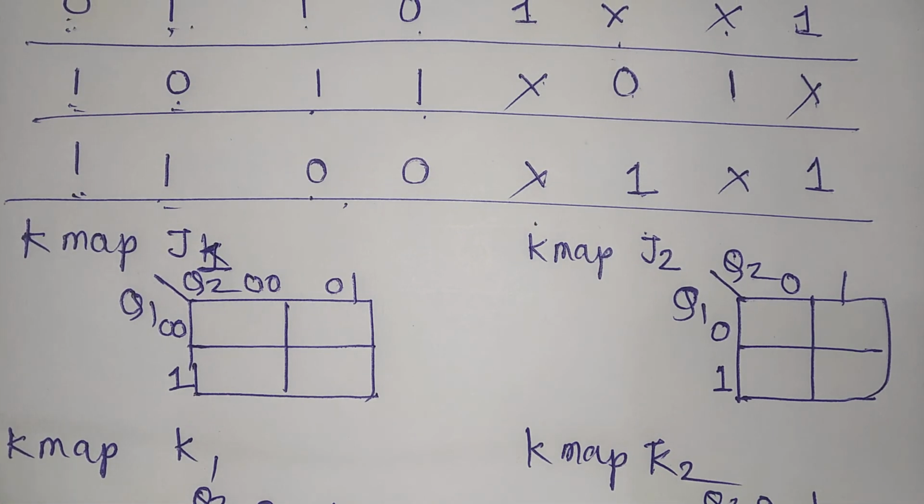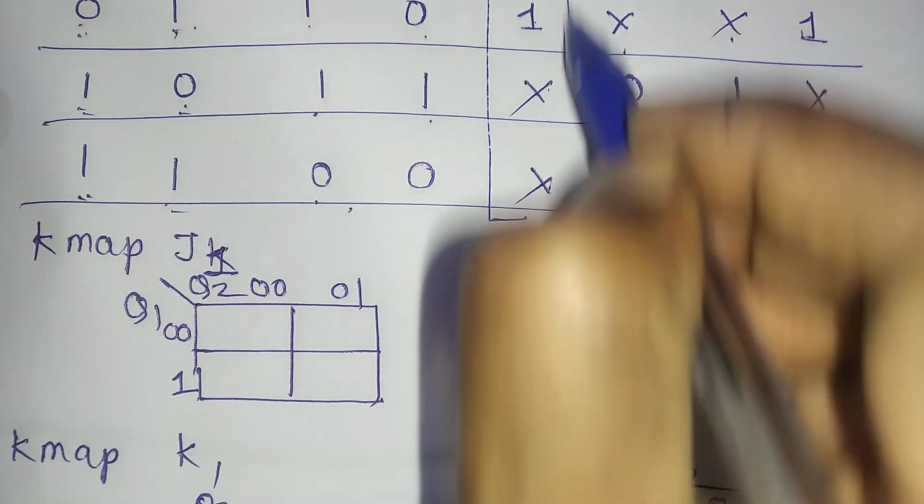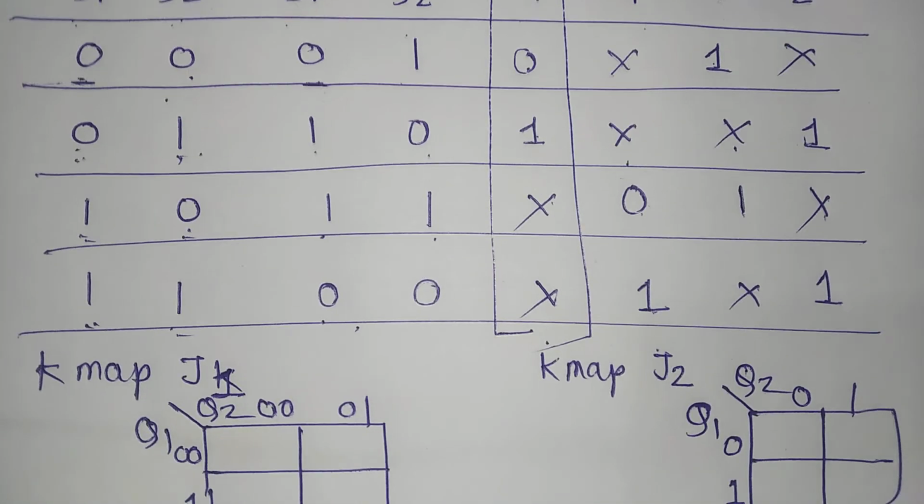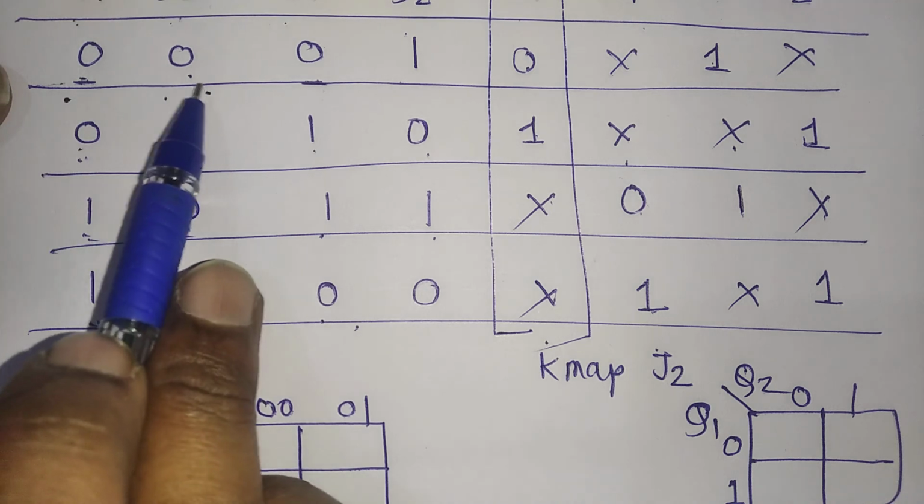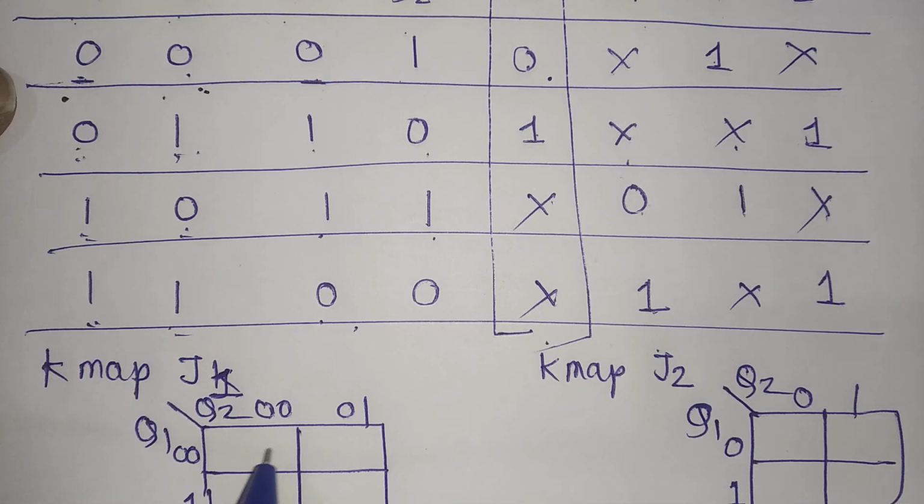Now it's time to place the J1 values. For J1, take reference of the J1 column. Q1, Q2 are the inputs. For 0 0, J1 is 0.